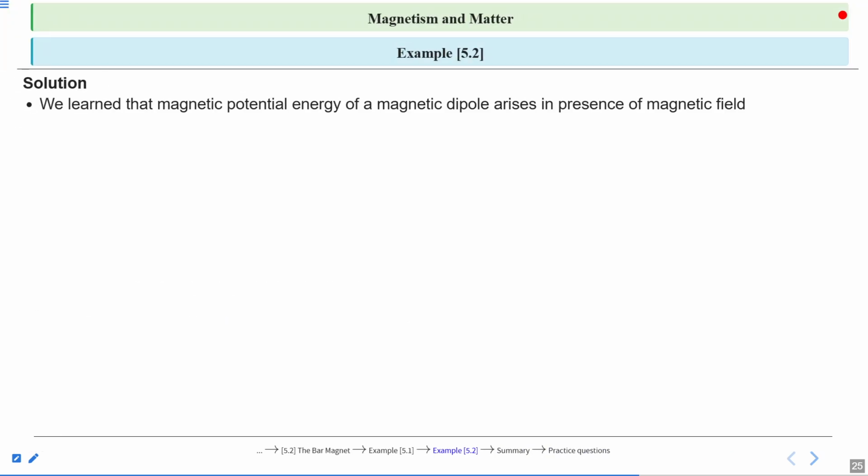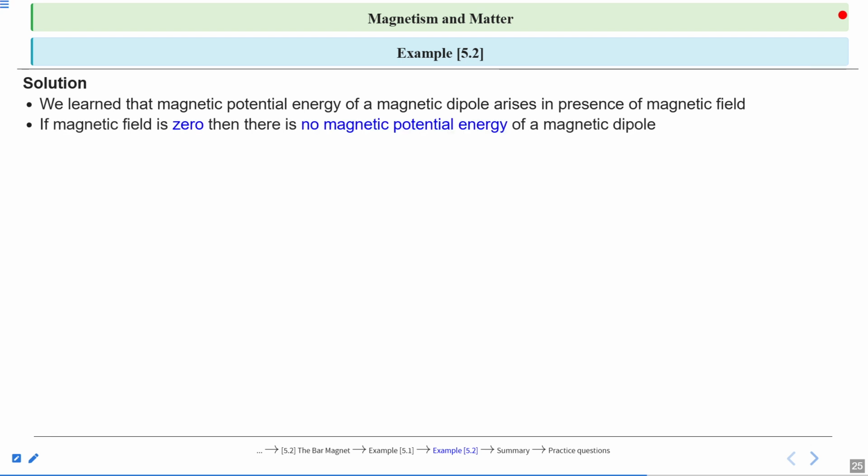First, the solution. We learned that the magnetic potential energy of a magnetic dipole arises in the presence of a magnetic field. If there is a magnetic field, then only will there be potential energy stored in the magnetic dipole. If the magnetic field is zero, there is no magnetic potential energy.